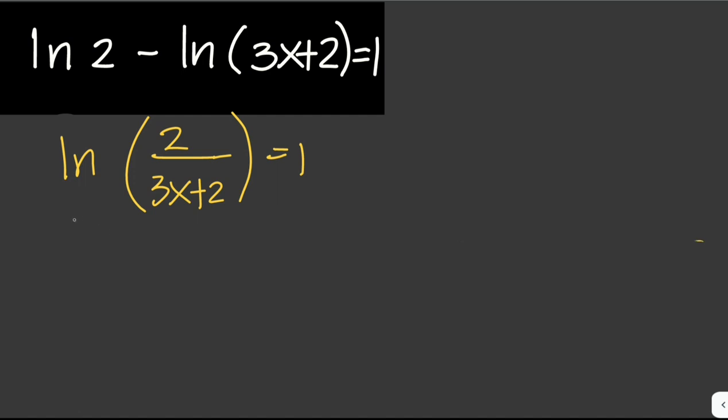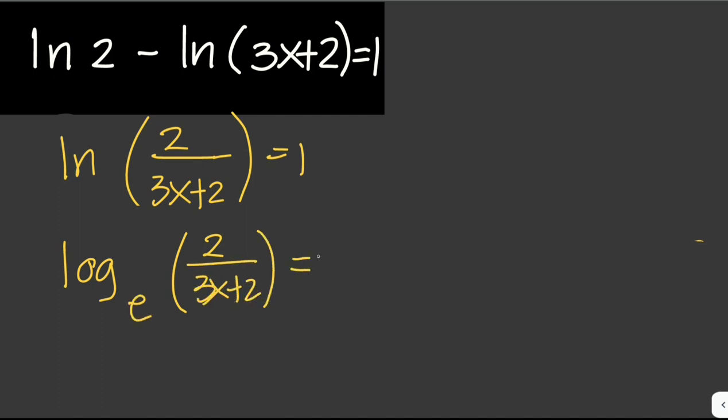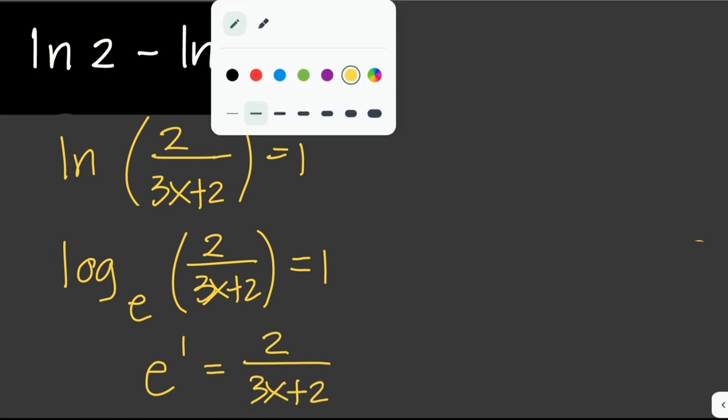Now we can write this as the base e logarithm of 2 over 3x plus 2 equals 1. And then using the properties of logarithm, we can write this as e to the 1 equals 2 over 3x plus 2.